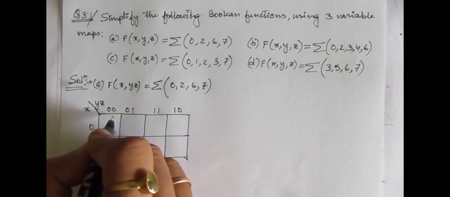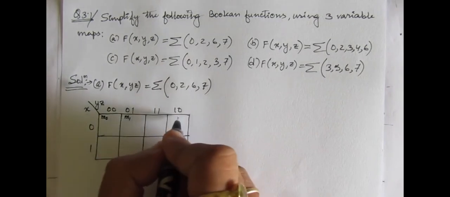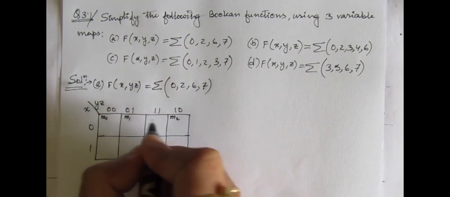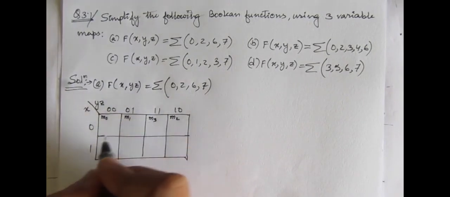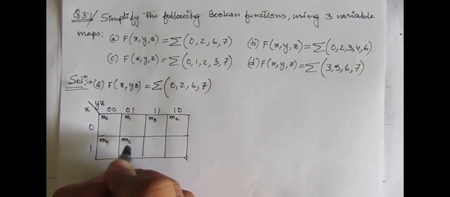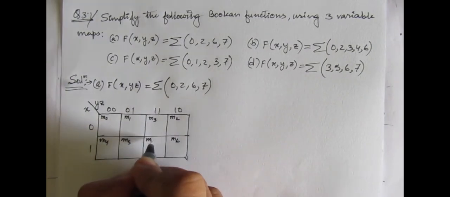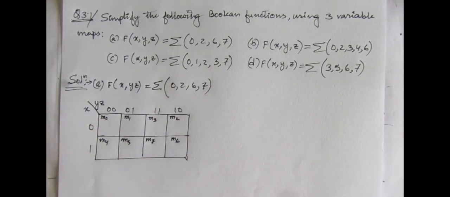This first square will represent m0, m1, then this one m2 and m3, m4, m5, m6 and m7. That means these are the minterms.